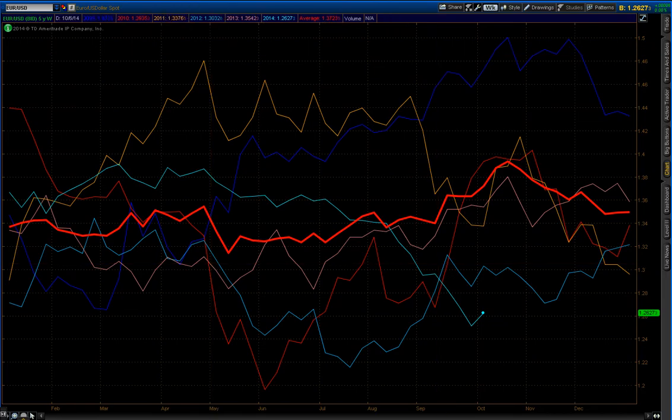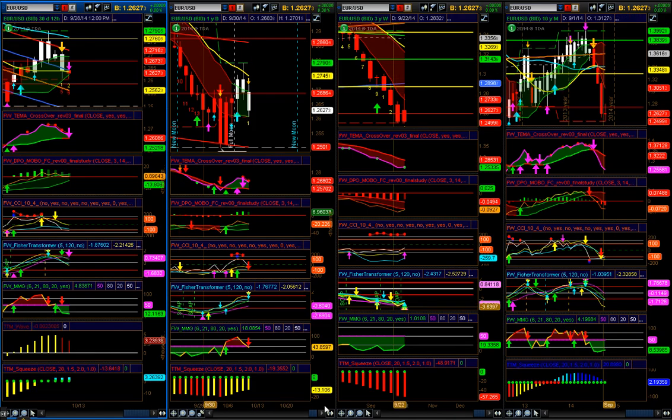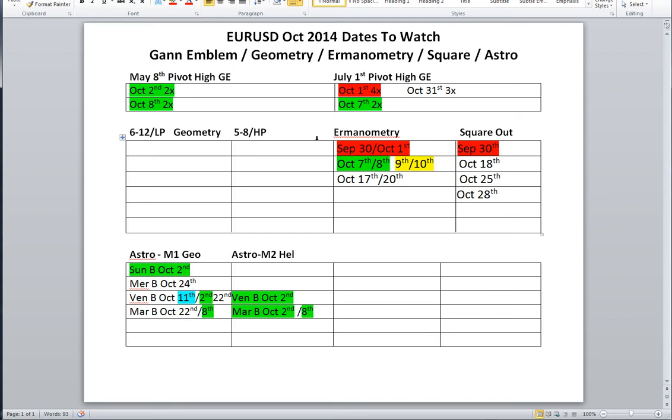And lastly, wanted to show you, actually, let's look for the dates before we go there. Dates you want to keep an eye on coming up would be the 17th, 18th. The 18th is a square out day also. October 17th, 20th.